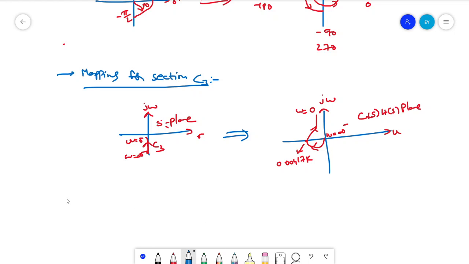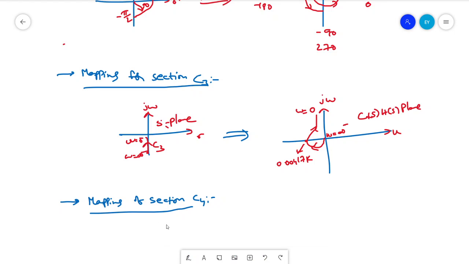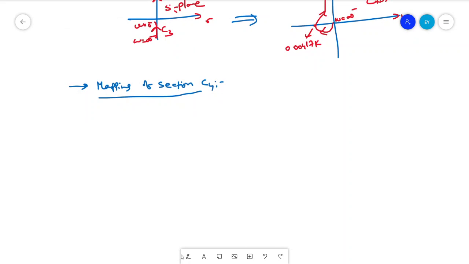Now, mapping of section C4. How does C4 actually look in the S plane? C4 is nothing but this point, right?